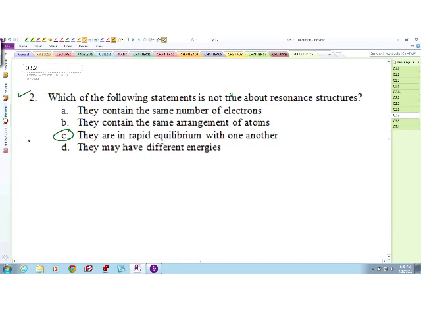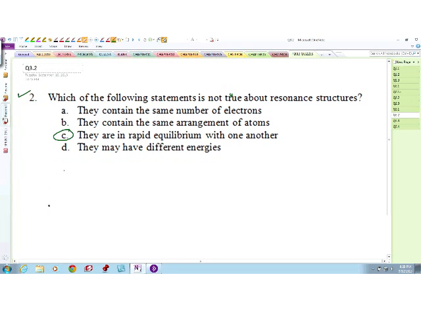Why is C correct? Because resonance structures are just different forms, and the true structure is just a fusion of all the resonance structures. Very good. So resonance structures are not equilibria. They are simply just a hybrid of the same molecule.